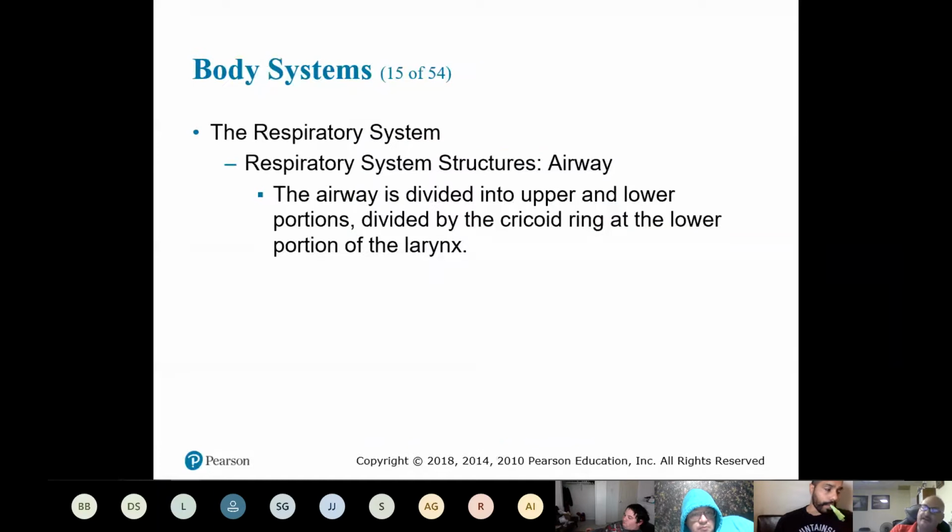So the airway or the respiratory system is divided into two types of airways. We have the upper airway and we have the lower airway.